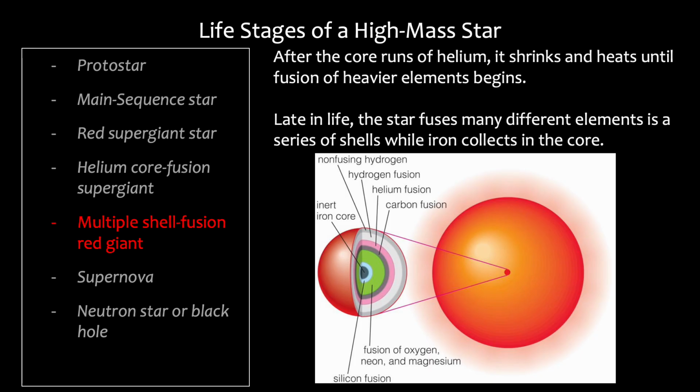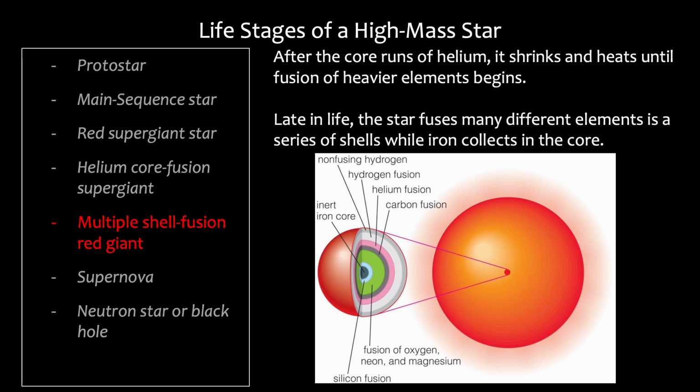The fusion of an element leads to a core of a higher element, which then will fuse, leading to a newer core of an even higher element, and so on. And this cycle will repeat, building up higher and higher elements.